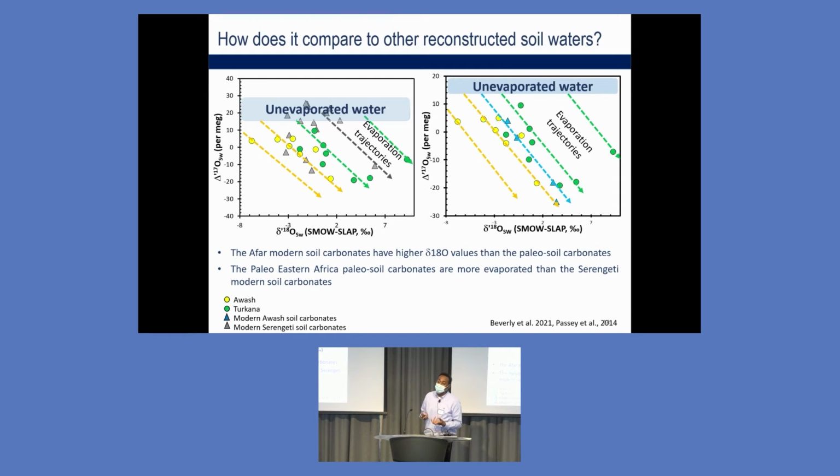And also when we looked at how it compared with the modern Afar samples, we see that the modern Afar samples have a bit higher delta 18O value than the past, which is represented by the yellow.